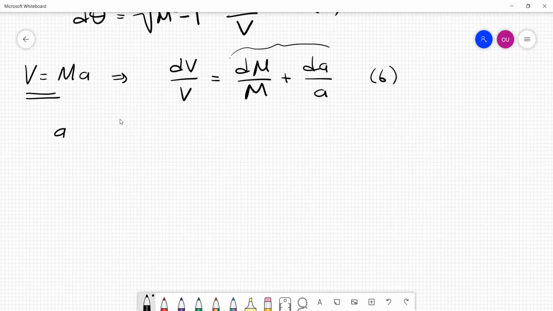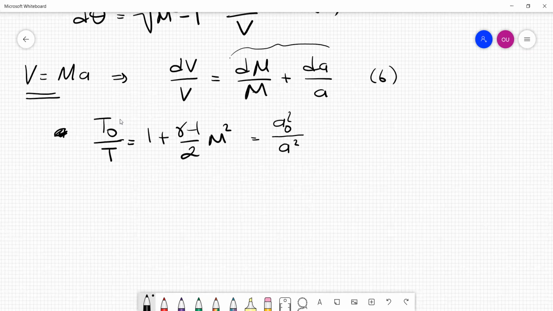For example, let me first write this. The equation relating the stagnation temperature to static temperature is T0 over T equal to 1 plus gamma minus 1 over 2 M squared. I know that. But there's one more thing I need to know. This is also equal to the ratio a0 squared over a squared.